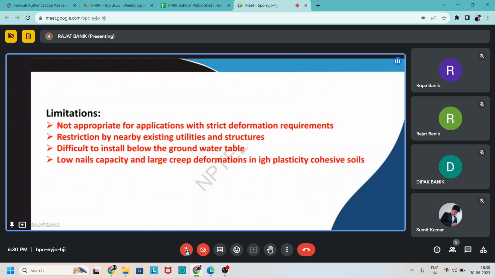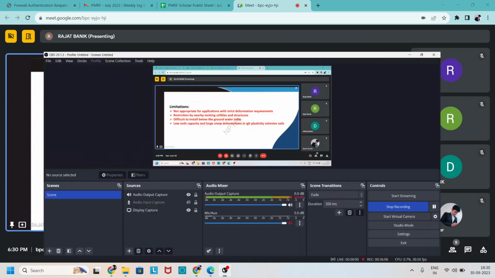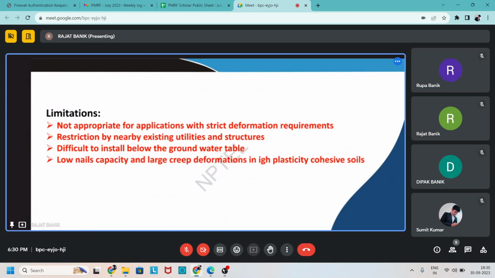Then, restriction by nearby existing utilities or structures. If there is any underground structure, like a tunnel, or underground utilities like pipes or water lines, then this method is not suitable. Then, it is difficult to install below the groundwater table. If the groundwater table is above our targeted depth, then this method is not suitable because of the existing groundwater table.